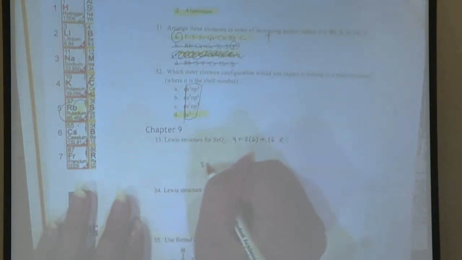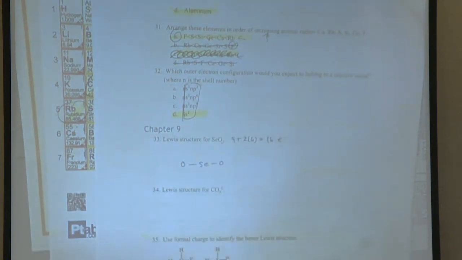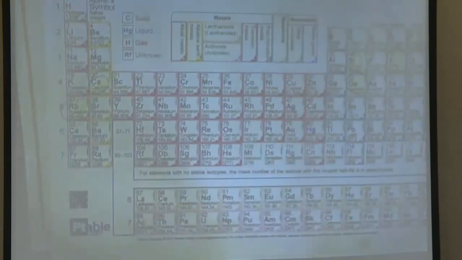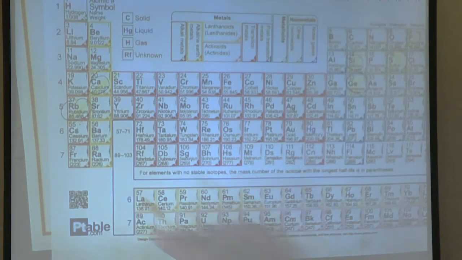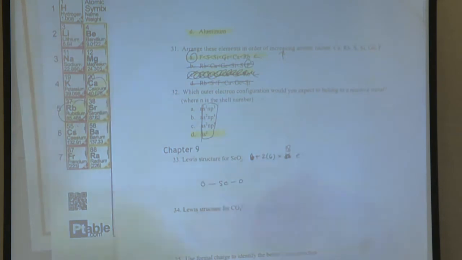Obviously, our skeleton looks like this. Does selenium have 6? Did I mess up? Yeah, it does have 6, thank you. That's going to be 18. So we're actually going to be using 18 electrons here.